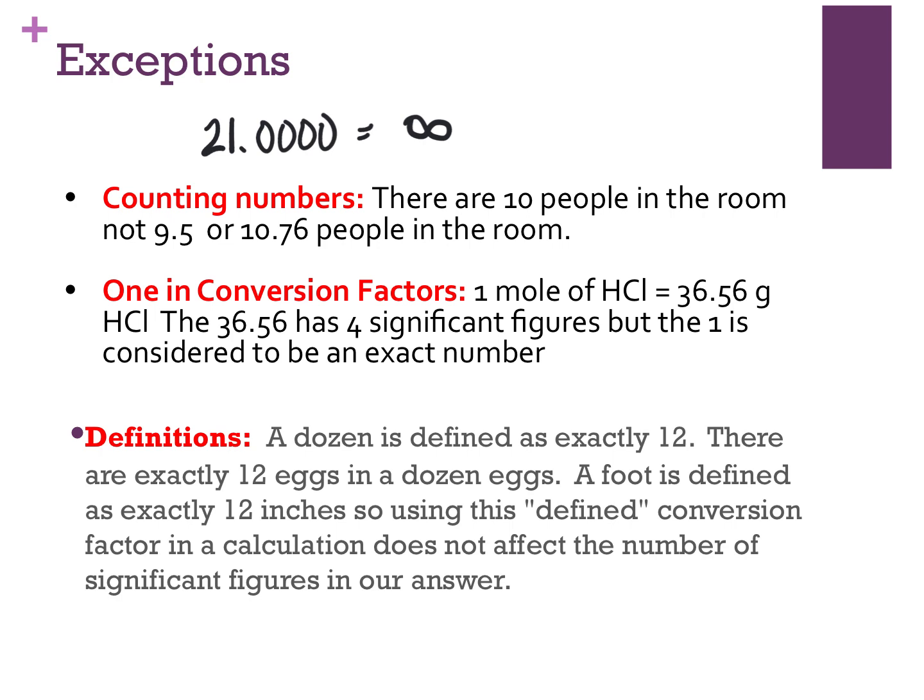Another example is using the number 1 in a conversion factor. So maybe when I see you next time, we'll start looking at conversion factors. An example would be like 1 mole of hydrochloric acid weighs 36.56 grams. 36.56, does this look like a measurement? Yes, this is a measurement.